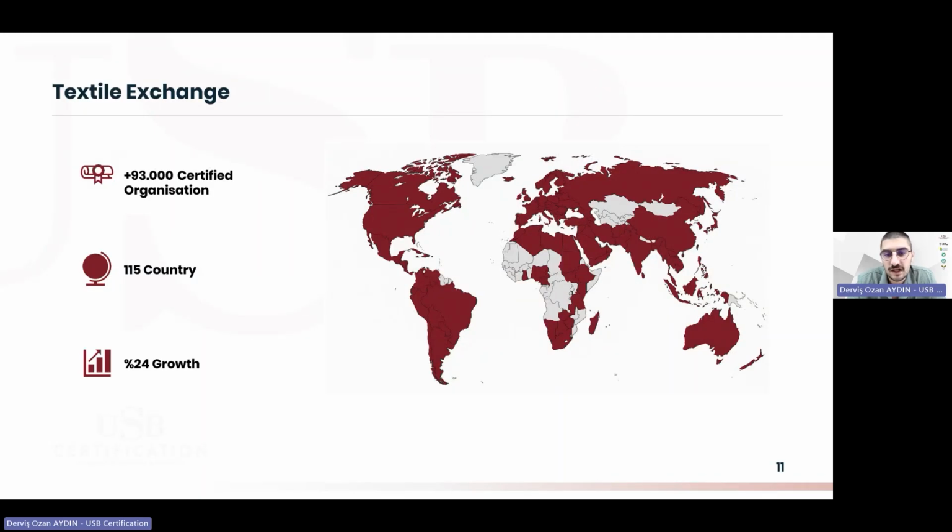These countries are also marked on the world map on the right. All marked countries are the operations completed under Textile Exchange standards, and their annual growth between 2023 and 2024 is 24%, which is a high percentage. This data for GOTS and Textile Exchange is from the annual reports of the programs.